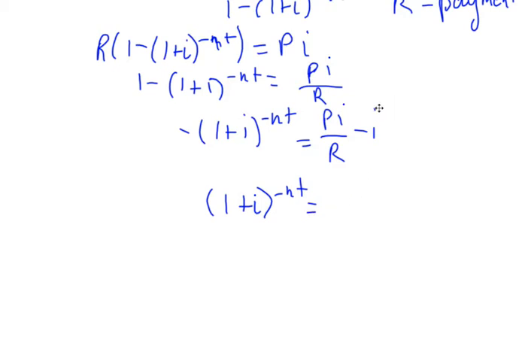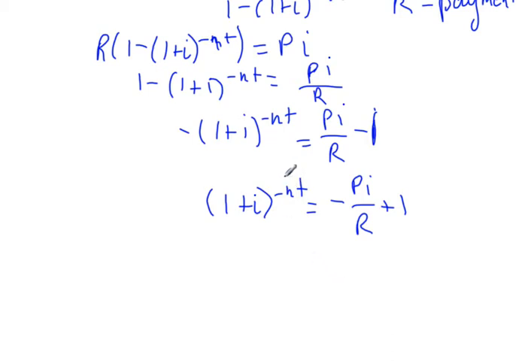And when that happens, I don't like this dot there, because doesn't that look like an I? I subtracted 1 from both sides. I'm going to divide by negative 1, so that's minus PI over R plus 1.